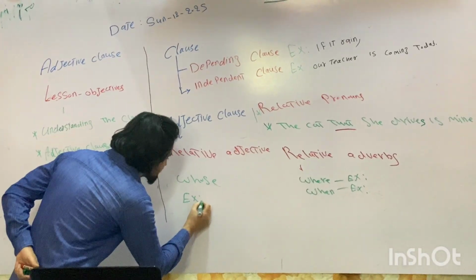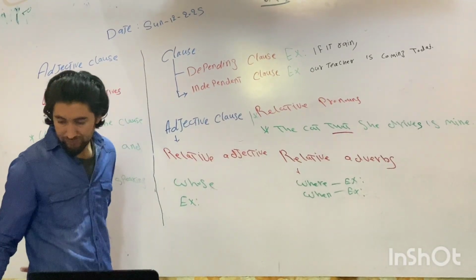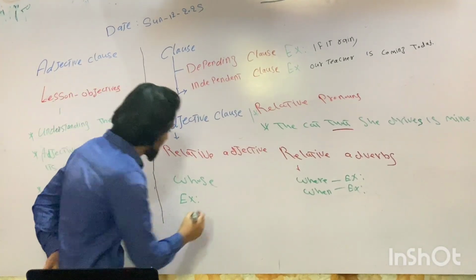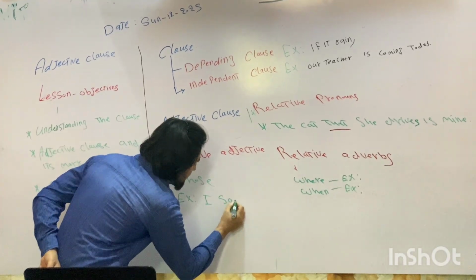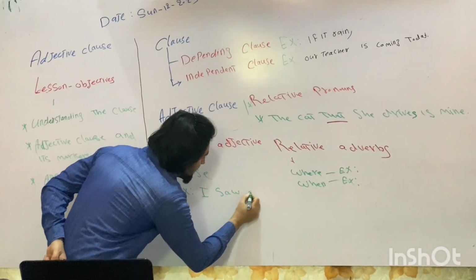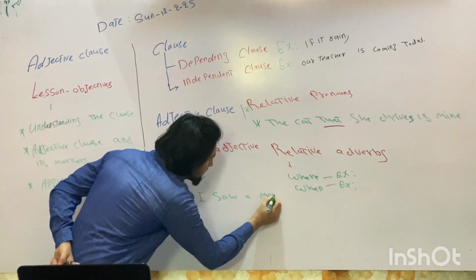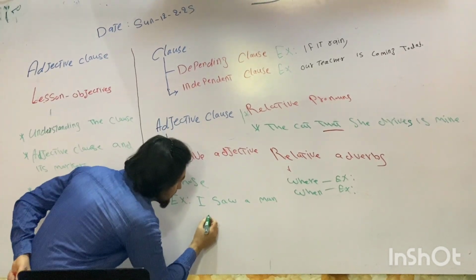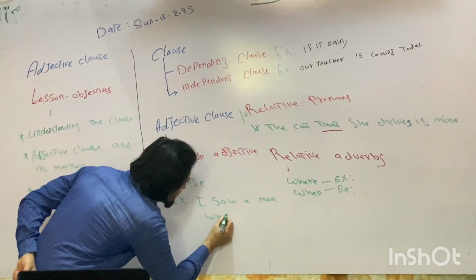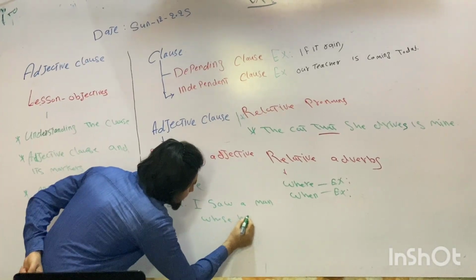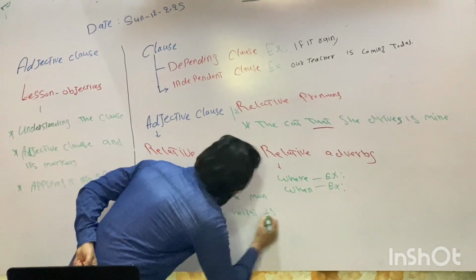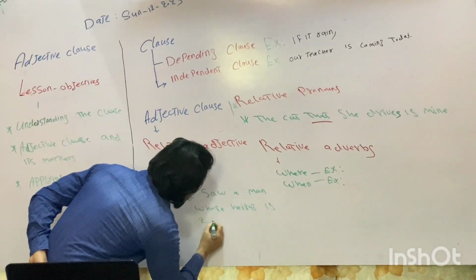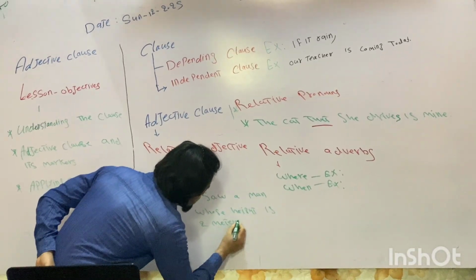Example: I saw a man whose height is 2 meters.